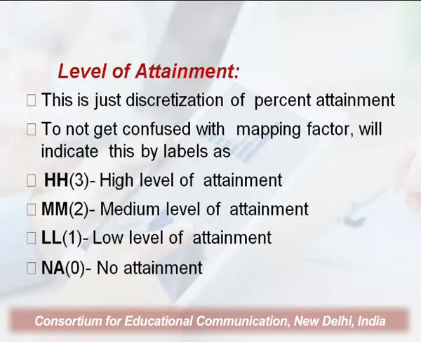We will be using these abbreviations and there should not be any confusion. HH is 3, high; MM is 2, medium; LL is 1, the low level; and NA is the no attainment level.